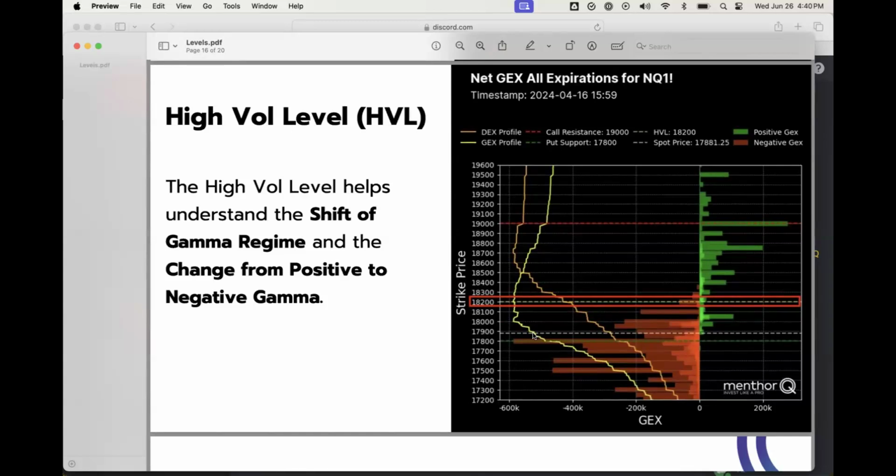So the high vol level, and there's a lot of confusion, is not the cutoff price. It's not like there's a cutoff price where we are in positive gamma or in negative gamma, right? The gamma is a curve. As you can see here, the gamma profile is a curve. So the high vol level is the shift between the positive curve and the negative curve.